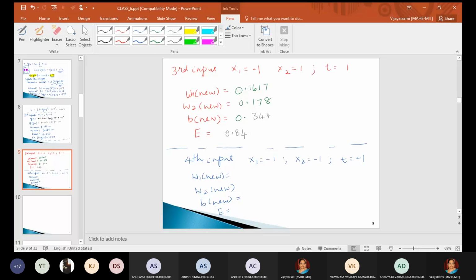One second, I'll reload. Now, can you see this blank page? No, ma'am. Okay, then there is some problem. Wait. Okay.